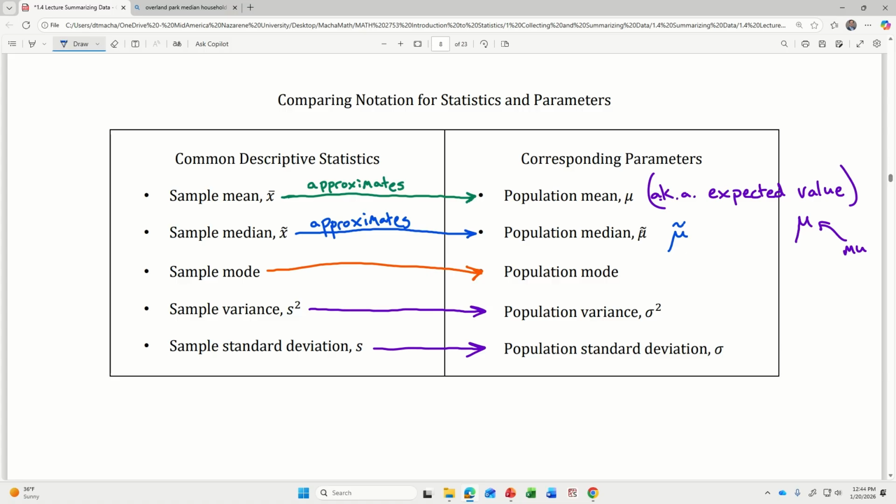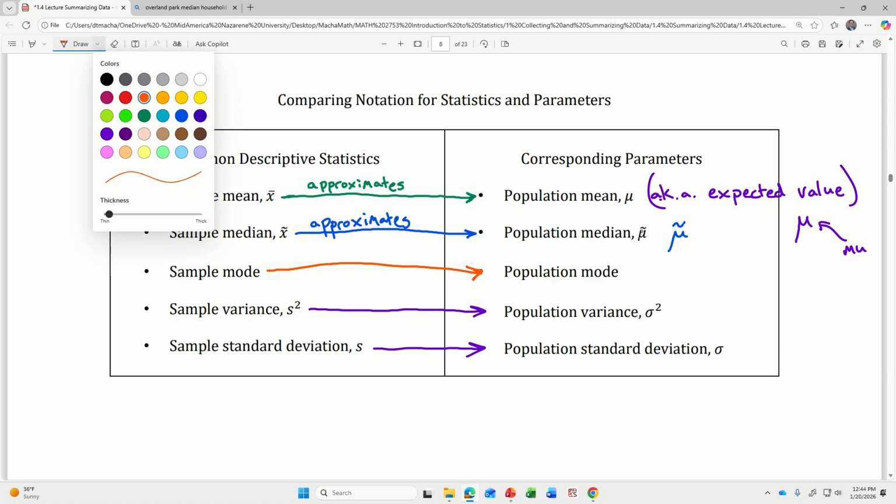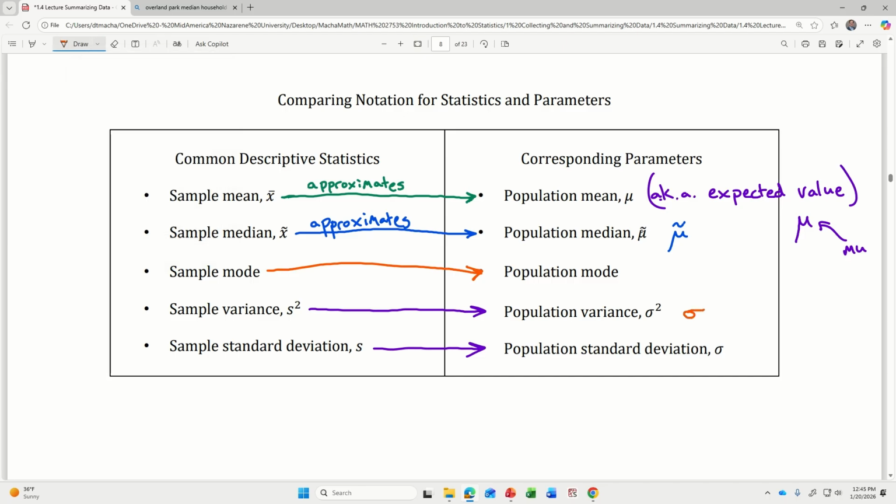I don't remember if we said this. Down here, this is a lowercase Greek letter sigma. We use the lowercase sigma to represent the population standard deviation.